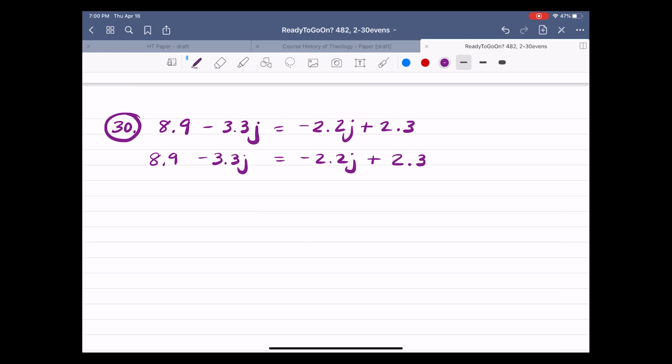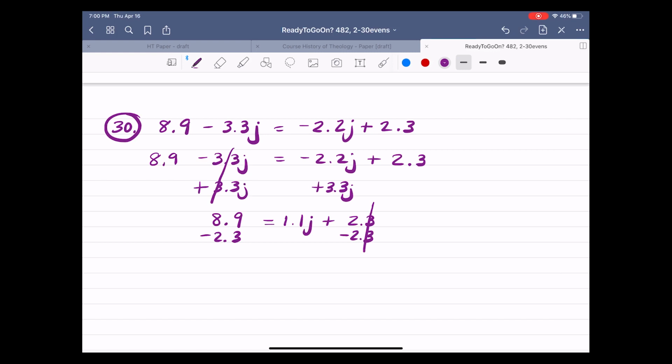I want to add my 3.3j because if I add that, I'm going to end up with a positive number for my variable. So negative 3.3j and 3.3j cancel out to be 0, and I'm left with 8.9 equals 1.1j plus 2.3. I'm going to subtract 2.3 from the right, subtract 2.3 from the left.